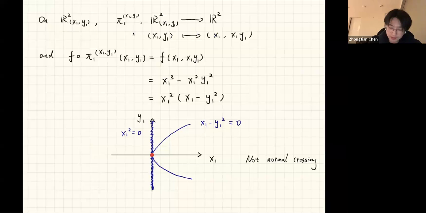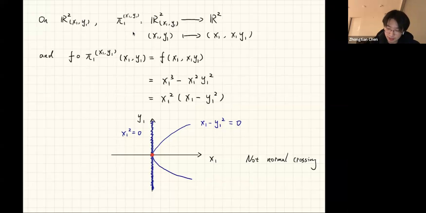On the first affine space, the projection pi is given by this map. You take (x1, y1), and you map it to (x1, x1 times y1). Then f composed with pi restricted to this coordinate will just be this polynomial here.